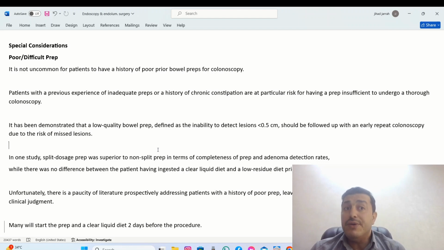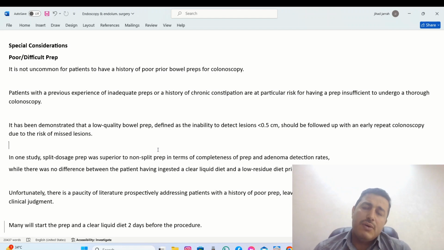This is the previously poor bowel preparation due to, for example, patient intolerance or chronic constipation. And we said that intestinal obstruction is contraindicated. We are talking here about chronic constipation, functional constipation, that may be, for example, in patients with irritable bowel syndrome.